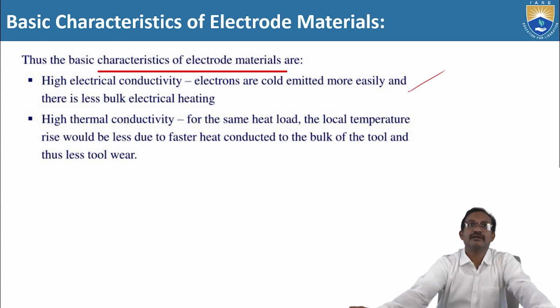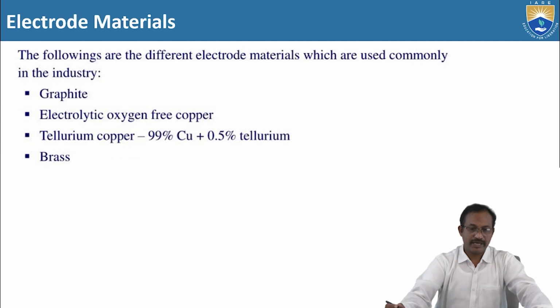Second one, high thermal conductivity: for the same heat load, the local temperature rise would be less due to faster heat conducted to the bulk of the tool, and thus less tool wear.